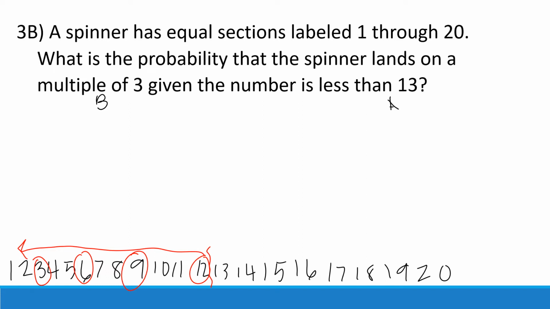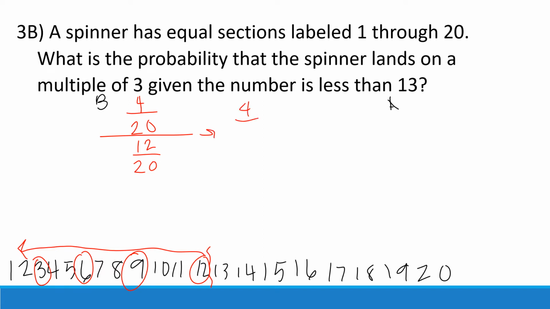So that means my top one is 4 out of 20 numbers that are both less than 13 and a multiple of 3. Then on the bottom, I do the probability of the number being less than 13. So I have 12, 11, 10, 9, 8, 7, 6, 5, 4, 3, 2, 1. So that is 12 numbers out of 20 that would be less than 13.